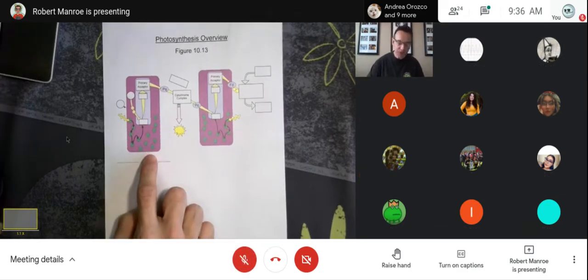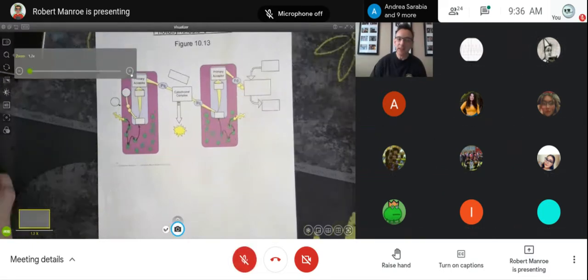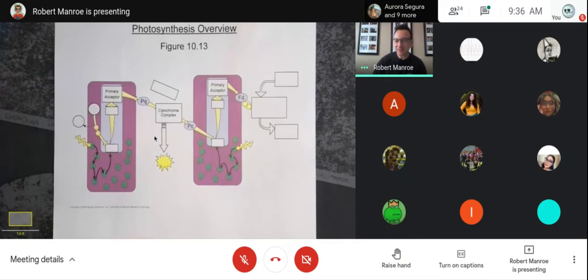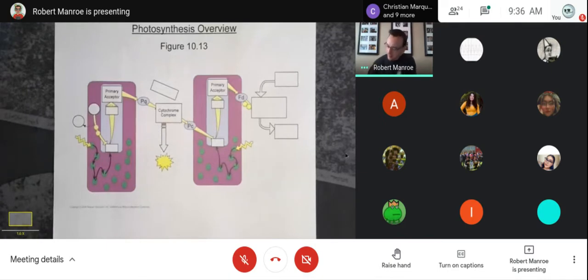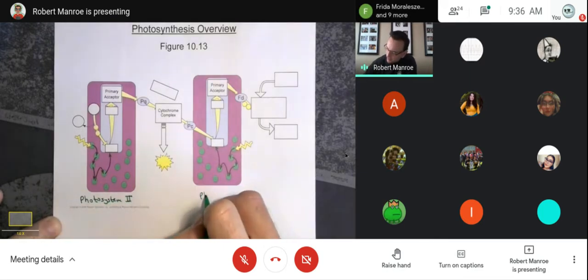Which one comes first? 2. Ridiculous, but that's the way it is. So we'll work with it. All right, so photosystem 2, and photosystem 1.